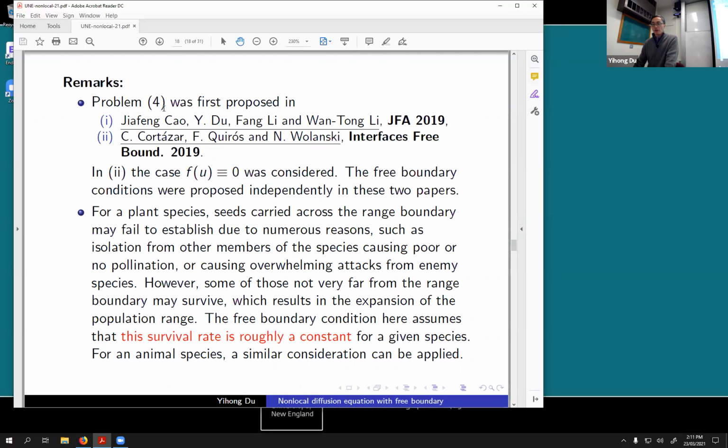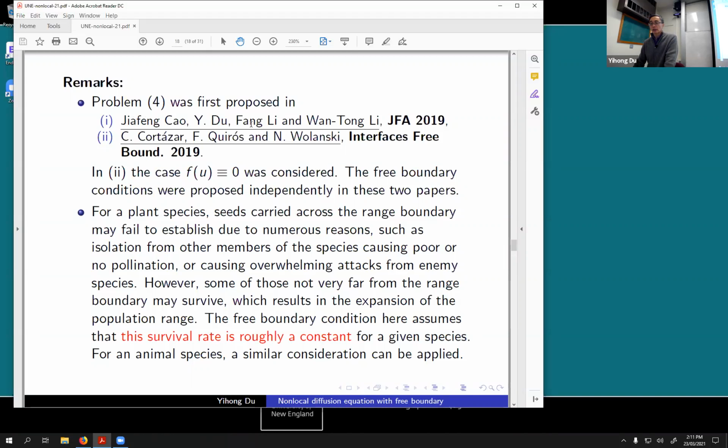So this problem (4) was first considered in this paper. Yihong Zhao was here for 1.5 years as a visiting PhD student, and this was her PhD supervisor at Lanzhou University. And Fang Li is from Zhongshan University in Guangzhou.